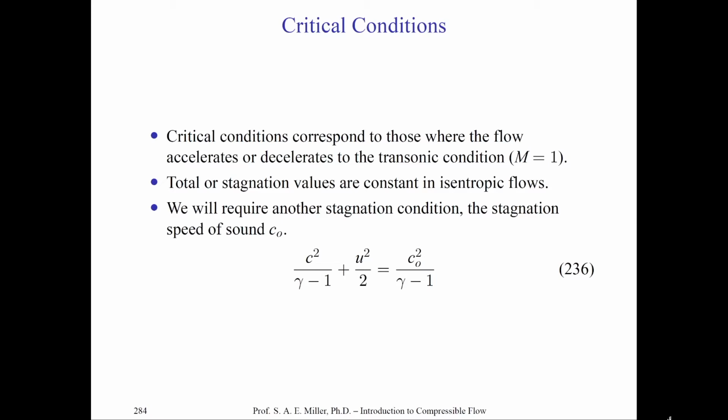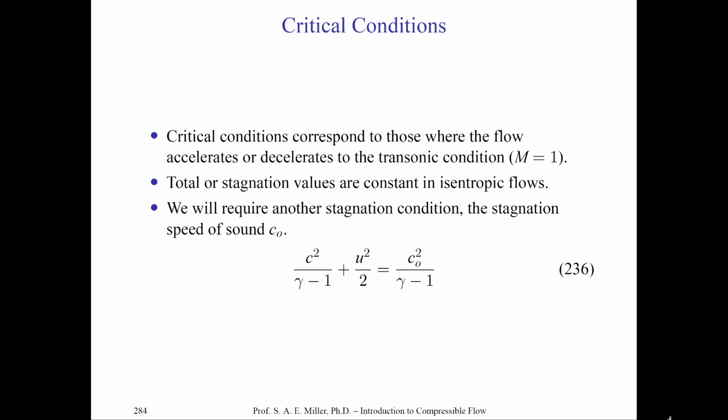Critical conditions are those where we accelerate or decelerate the flow to the transonic condition. Imagine we have a flow at Mach 0.5. If we accelerate it isentropically to Mach 1, then we would achieve a critical condition. If we have a Mach 2 flow and we decelerate it to Mach 1, isentropically, then we would have, of course, a critical condition.